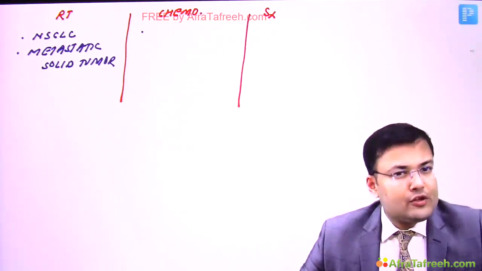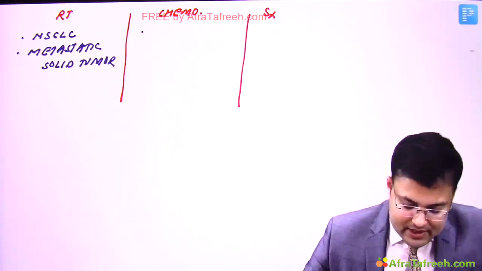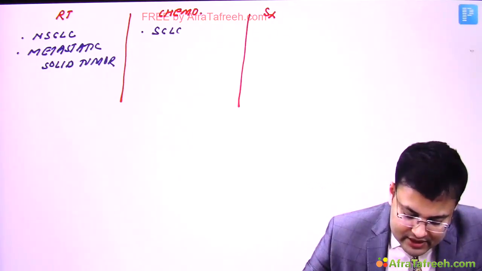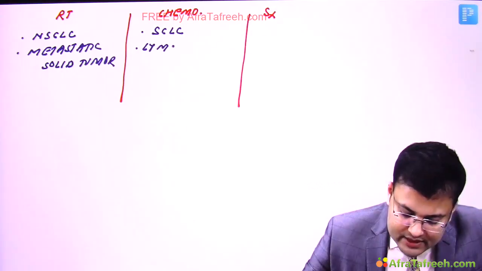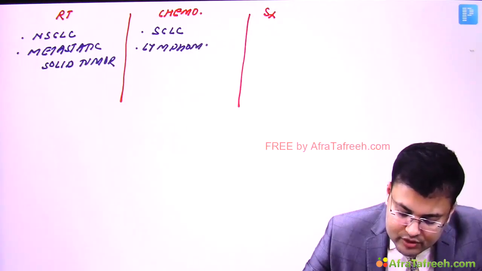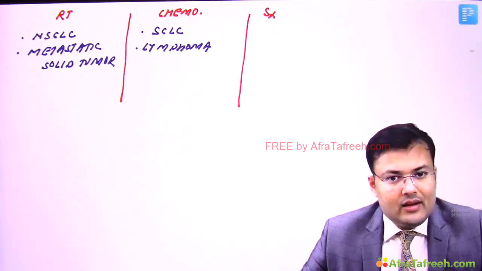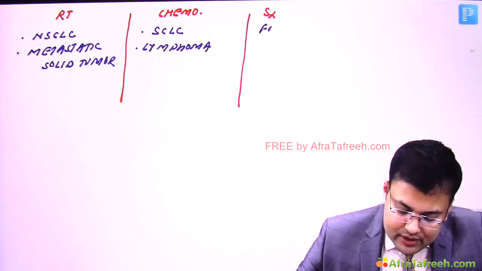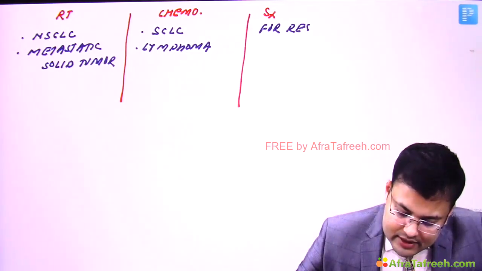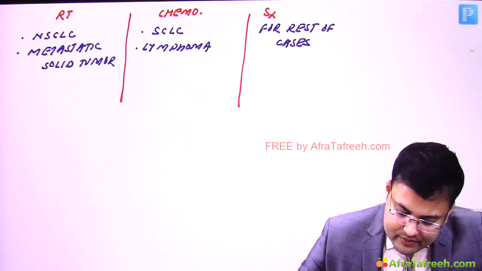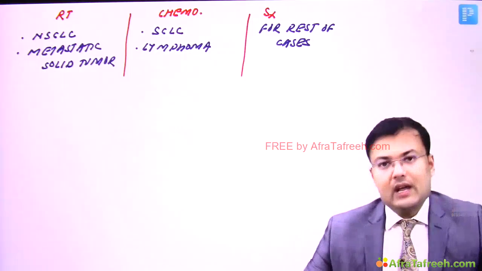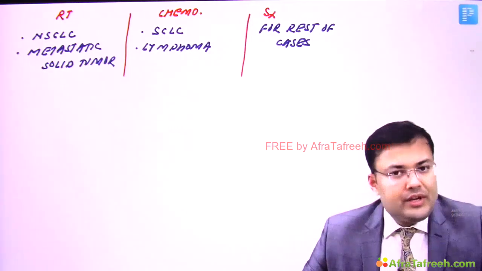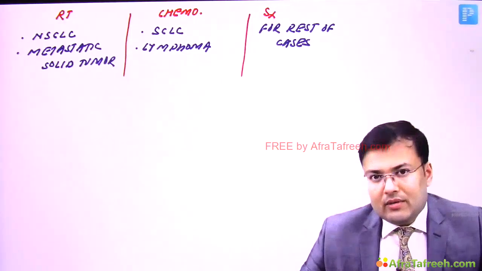Chemotherapy, we go for small cell lung cancer or lymphoma. So if the patient is having small cell lung cancer, because we discussed that small cell lung cancer is most responsive to chemotherapy, right? And for the rest of the cases, we go for surgery. Clear? So this is how we manage the superior vena cava obstruction. So this is all about oncology.